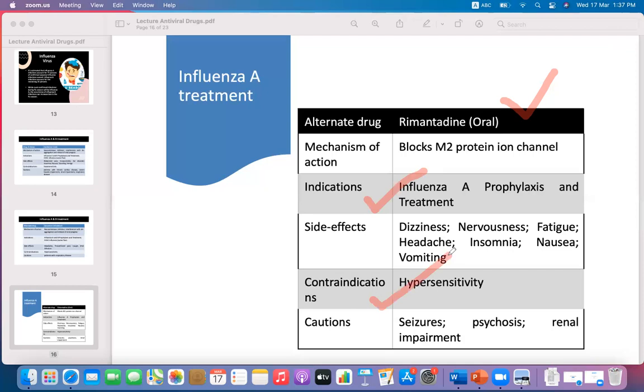Contraindications: documented hypersensitivity, and caution should be taken if you are prescribing this drug to patients with seizure, psychosis, CNS disorders, and renal impairment. So if the patient has only influenza A infection, the alternate drug available is rimantadine, which blocks the M2 protein on ion channels.